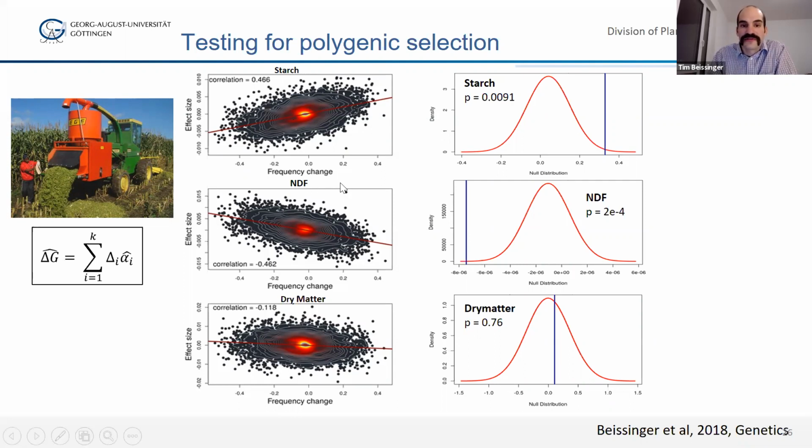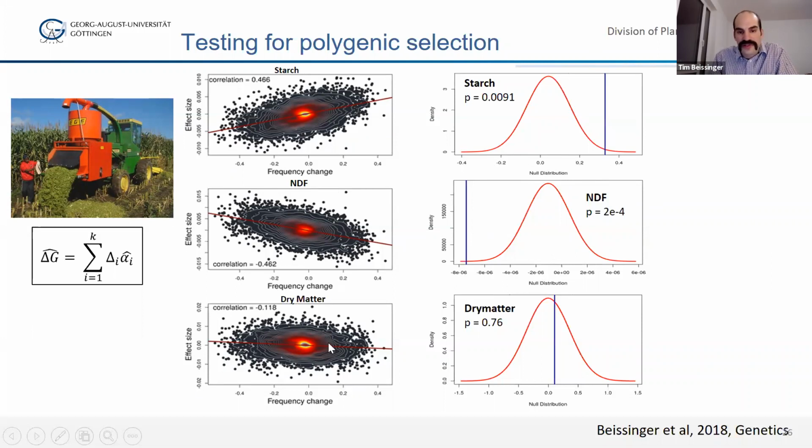With neutral detergent fiber, you can see that we find selection against neutral detergent fiber. So we haven't been able to find a perfect relationship between the size of our Ghat statistic and the strength of selection. However, we do have a true relationship between when we find positive selection, or selection for increasing values, we get a positive Ghat, and selection for decreasing values gives a negative Ghat.